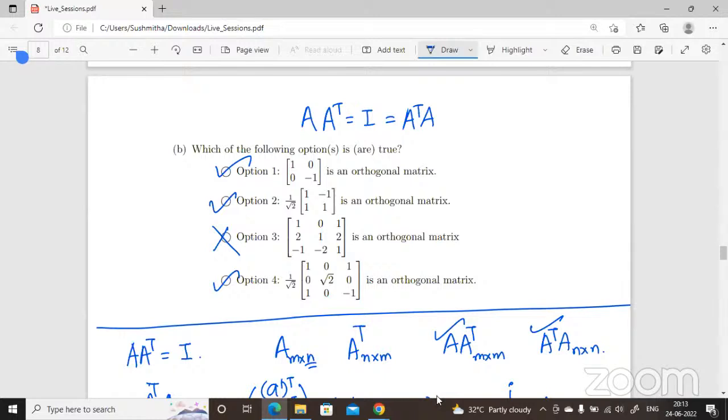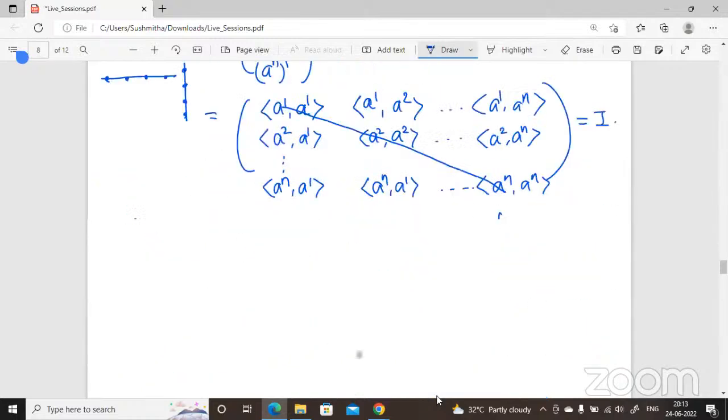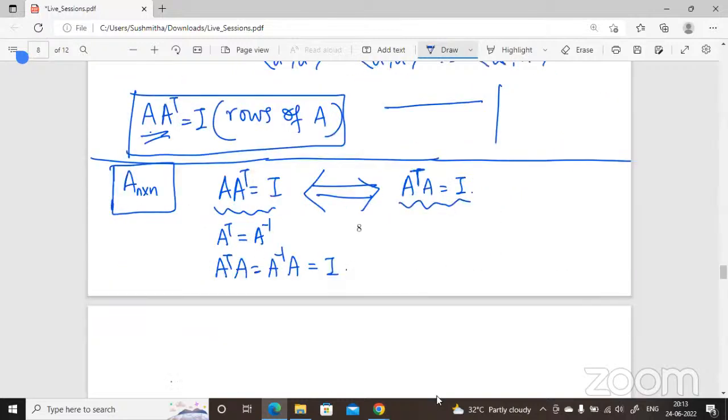Ma'am, sometimes columns are orthonormal, but rows are not orthonormal. That will not happen if it is a square matrix, because we have proved this: A A transpose is identity if and only if A transpose A is identity. It always will be true. I am facing the same problem in question number 5, activity 8.2, ma'am.